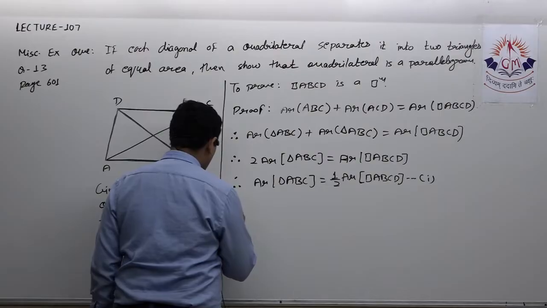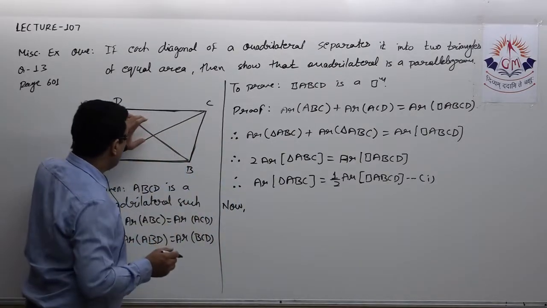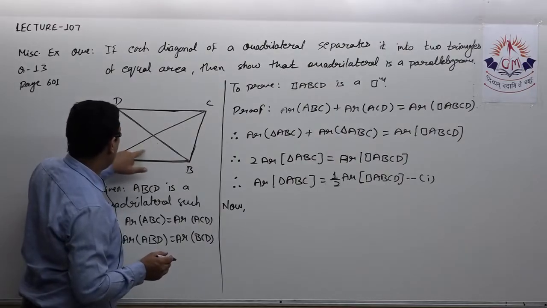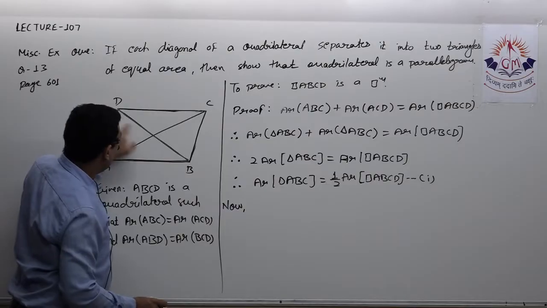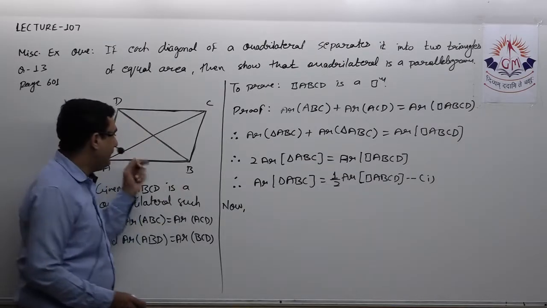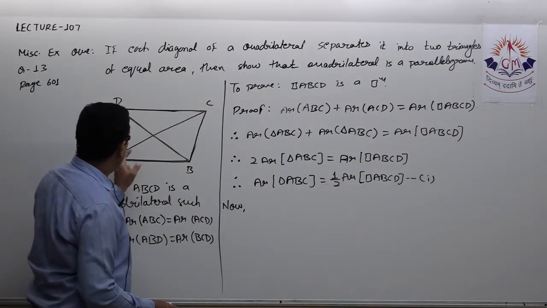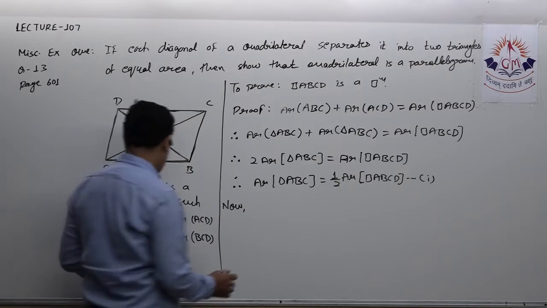Now, as I took two triangles on the opposite sides of AC, that means I took ABC plus ACD, similarly I can take these two triangles which are on either side of diagonal BD, that is ABD and BCD.